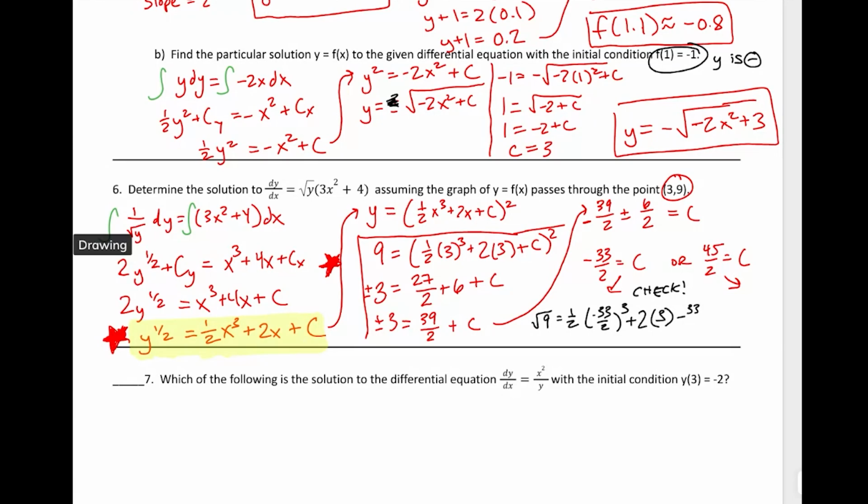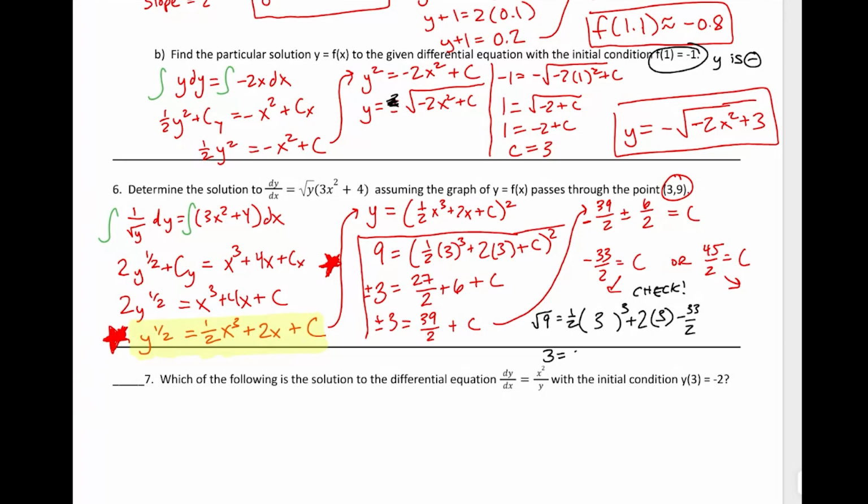Okay, so the square root of 9 is 3. Wait a minute. Oh, no, I don't want 33 over 2 over there. What am I doing? This isn't going to be as bad as I thought. Yeah, because it's 1/2 times x cubed, not times c cubed. So the x here is 3.